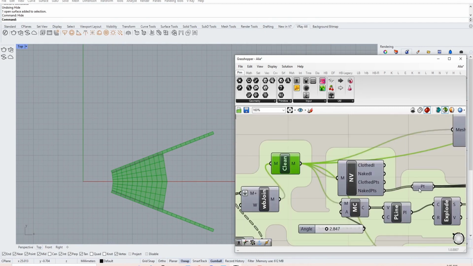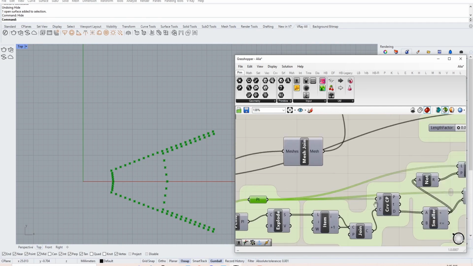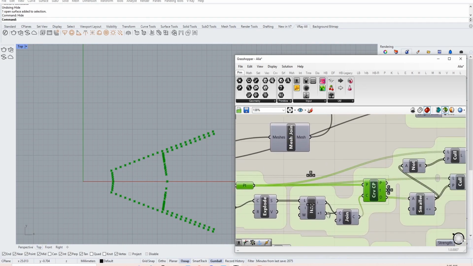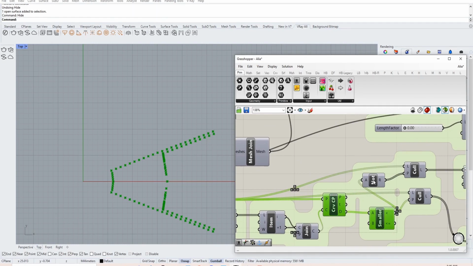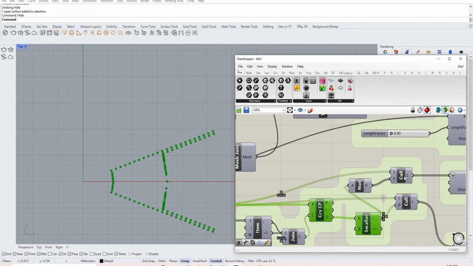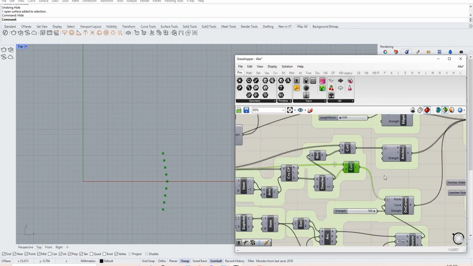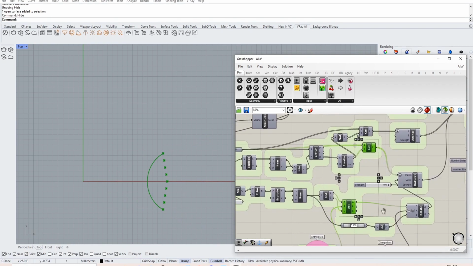We are going to take the naked vertices of that mesh and then using it to create the curve closest point and culling it into two sections using the smaller than a not battery. So we're going to divide the naked vertices into two sections. This section that we are going to anchor, and this section that we want to stretch to fit onto this curve to create the road pavement.